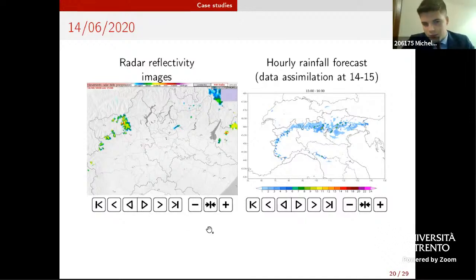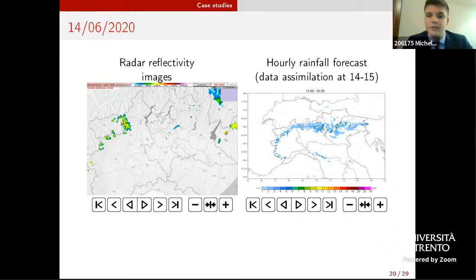Okay, so the radar images are reflectivity data images. And so on the left, in the forecast, we are looking at hourly rainfall images. In the study, we also used some HARPA stations, to compare the quantities reported by these stations to the hourly amounts of rainfall predicted by the model.